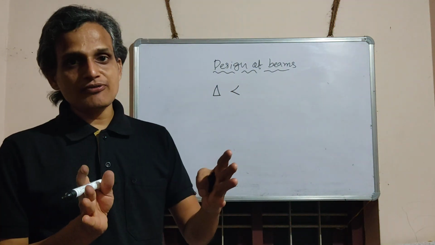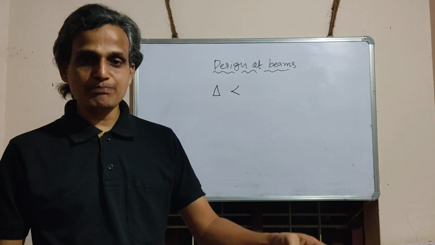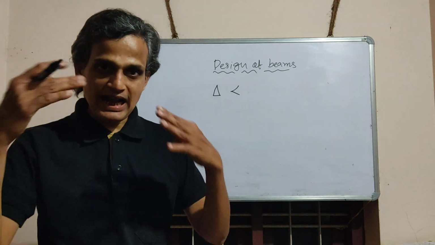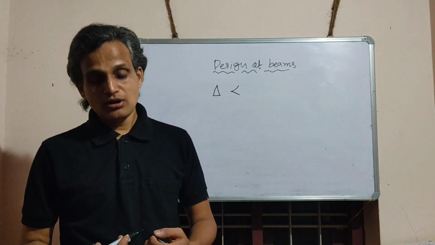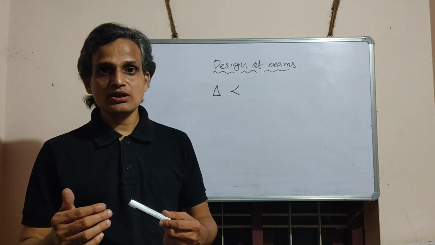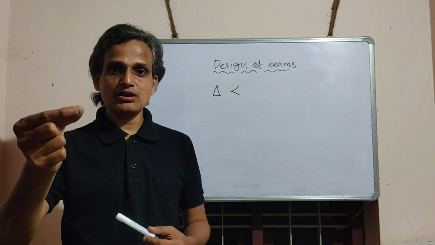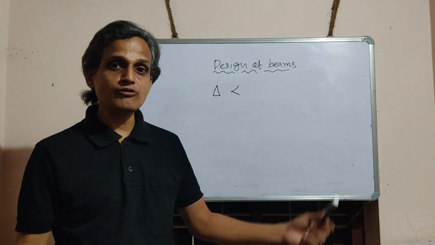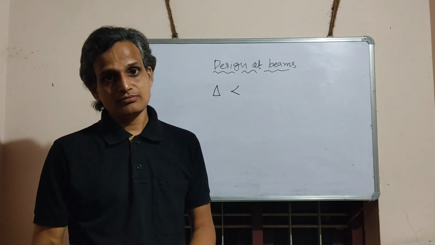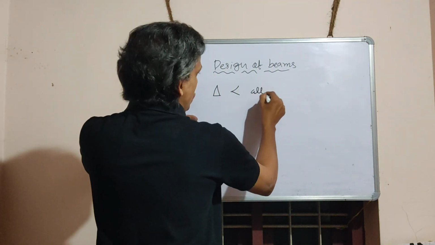So the allowable deflection depends upon the boundary condition, the type of beam, and the structure supported by it. If this beam supports an element which has a very small allowable deflection, then the allowable deflection of the beam must also be less. So the actual deflection must be less than the allowable value.